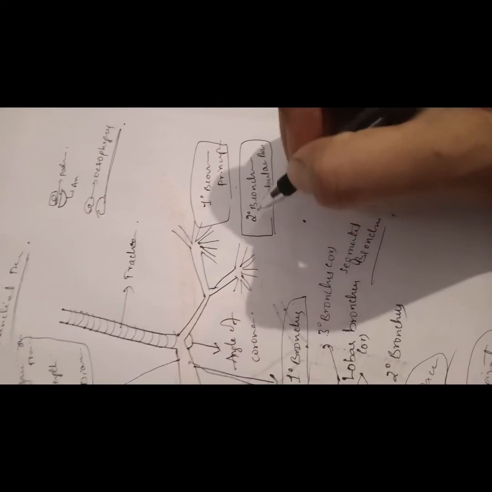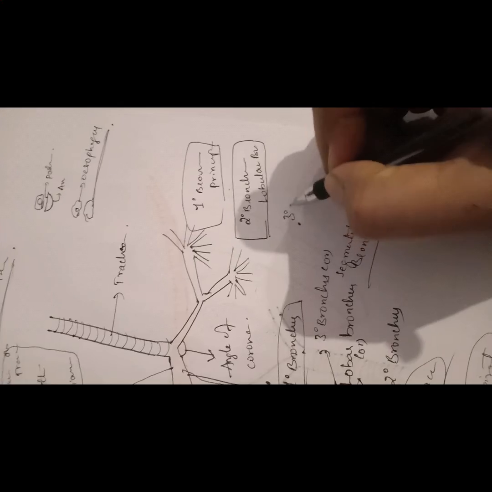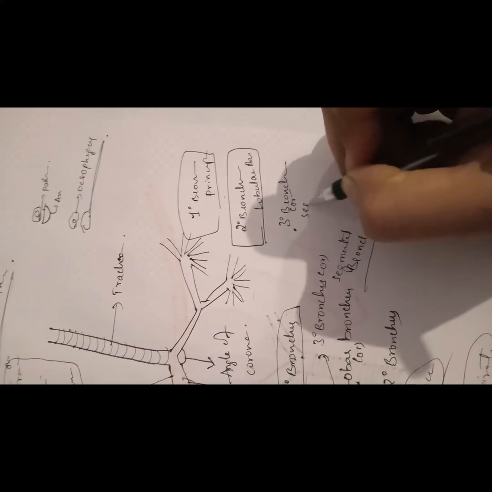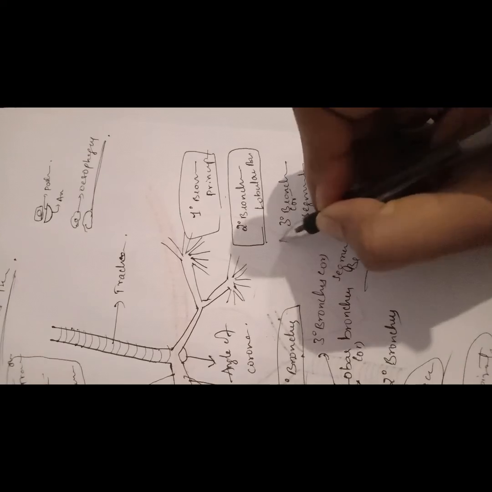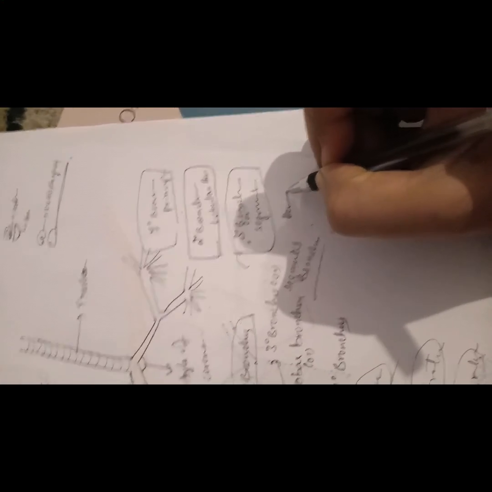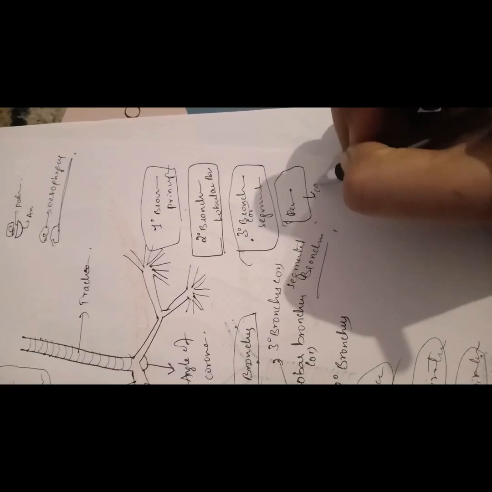How many lobes does the lung have? The tertiary bronchus is divided on the basis of segments. It is also known as the segmental bronchi. Next, the respiratory bronchi: many respiratory bronchi come from the segmental or tertiary bronchi, which contain alveoli. This is the main respiratory part of the lungs.